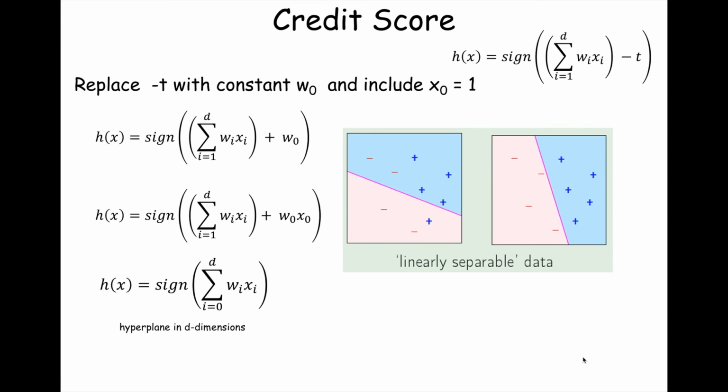Now the reason I did that is that I can make an observation again, that I can do this operation, that summation where i goes from 0 to d of wi xi.